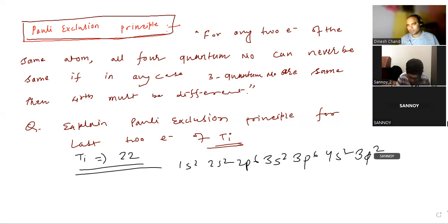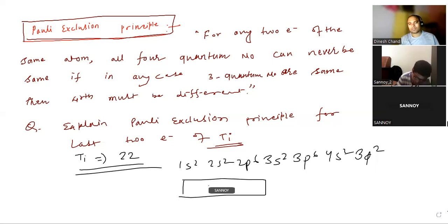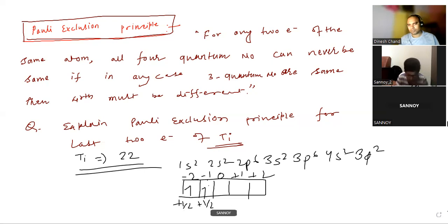Correct. Now in the case of 3d2, for d we have 0, minus 1, minus 2, plus 1, plus 2. For the last two electrons, the spin quantum number is plus half in both cases.